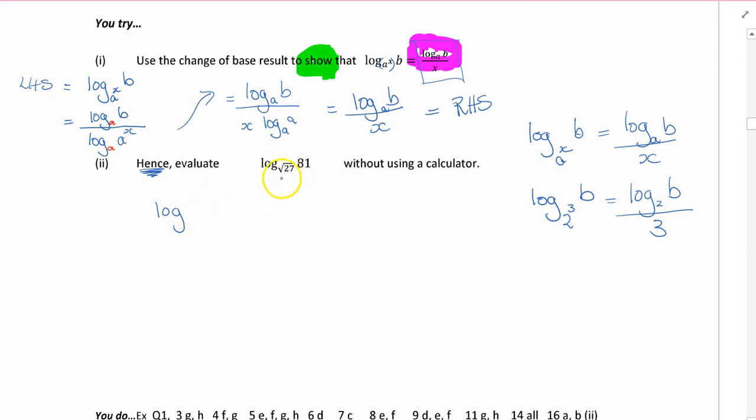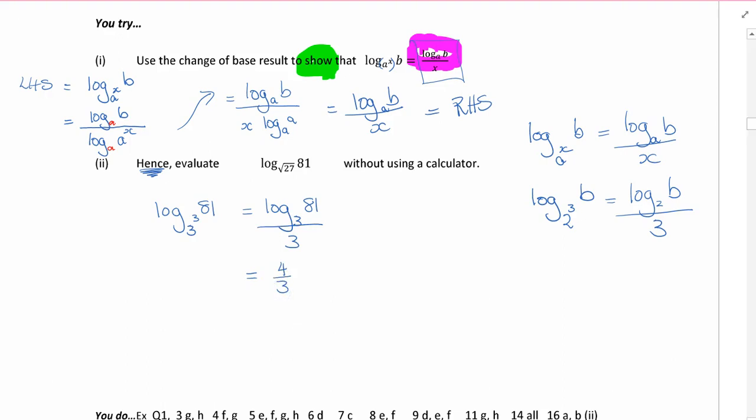So hopefully 27 is fairly familiar to you, and it's 3 to the power 3 of 81. So now the pattern is that it is log to base, that works nicely because it's 3 to the power 3, log to base 3 of 81 all over 3. What do I raise 3 to get 81? Well, that then is a 4, and 4 on 3 is 4 on 3.